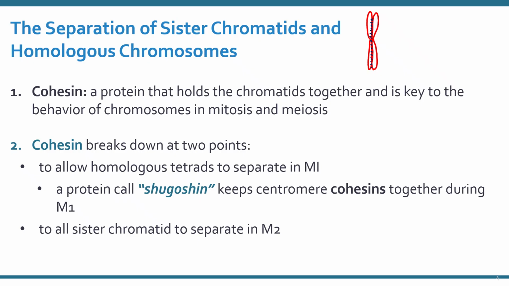And during meiosis 1, when our homologous chromosomes separate, shugoshin breaks down, which allows cohesin to break down at the right time, and homologous chromosomes separate. Then when we get to meiosis 2 and our sister chromatids separate, more shugoshin breaks down, releasing the cohesin that's holding the sister chromatids together.